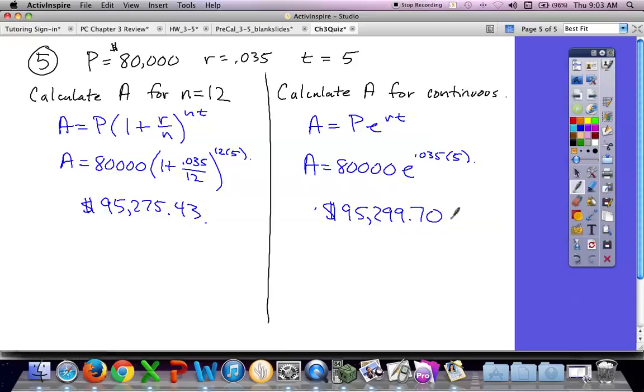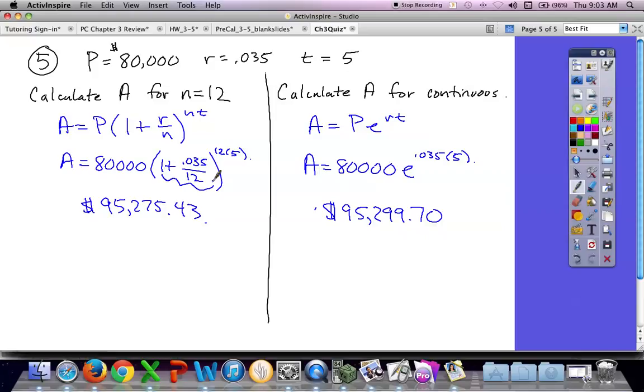Okay. So notice that that number is more than that number, right? That's the limit of what you can get out of the compound. It's just a caution that there's a lot of you, at this step right here, who simplified that. You would think it's okay to just put in the calculator 1 plus 0.035 over 12, and then you rounded it off and you put it in there, right?